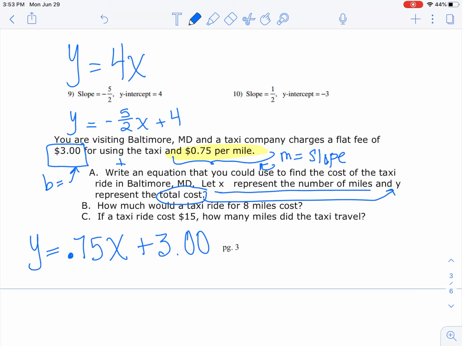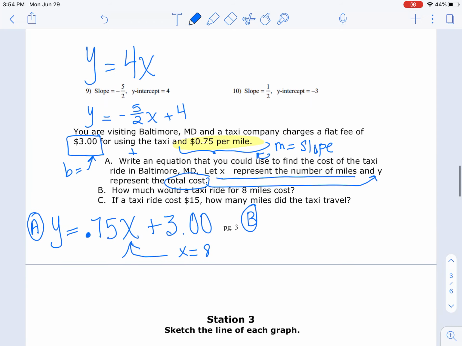All right. Let's go ahead and take a look at the next question. So this is part A. Part B, how much would a taxi ride for 8 miles cost? So if x represents the number of miles, they want to know if x equals 8, how much would this taxi ride cost? So I'm going to go ahead and substitute that in.